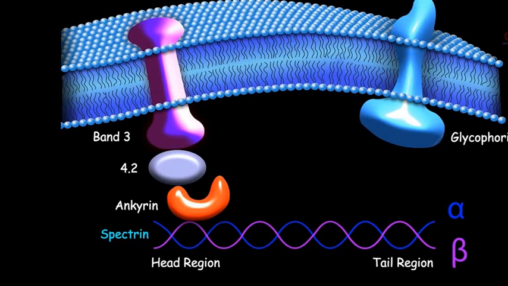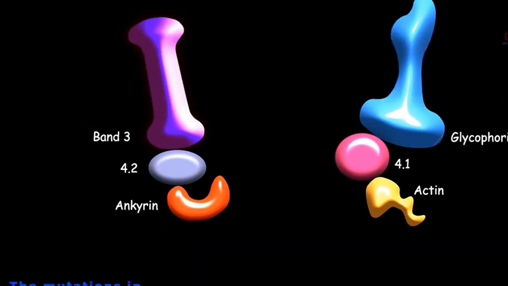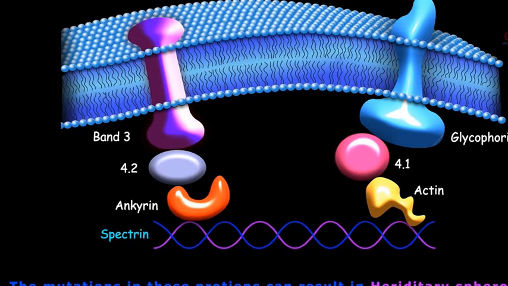And glycophorin A is connected to the spectrin in the tail region with the help of protein 4.1 and actin. So these are other vertical connections. Basically these are the proteins, and the deficiency of these proteins results in hereditary spherocytosis.